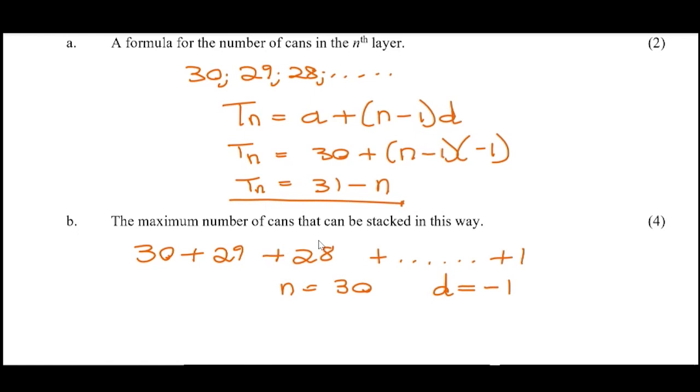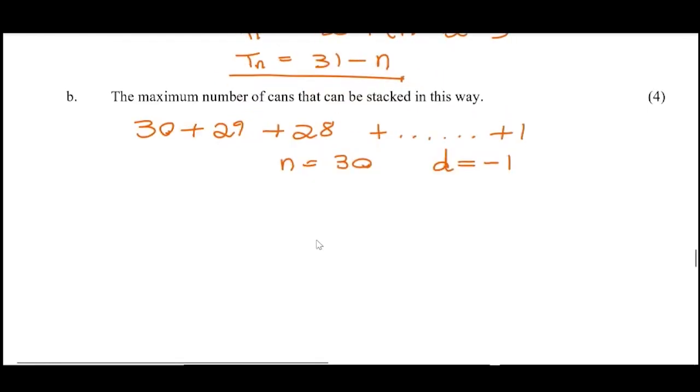I'm hoping also that you can see that this is arithmetic with a common difference of -1. And we are adding, so we're going to use our sum formula. Sn is n over 2, 2 lots of A plus n minus 1 lots of d.